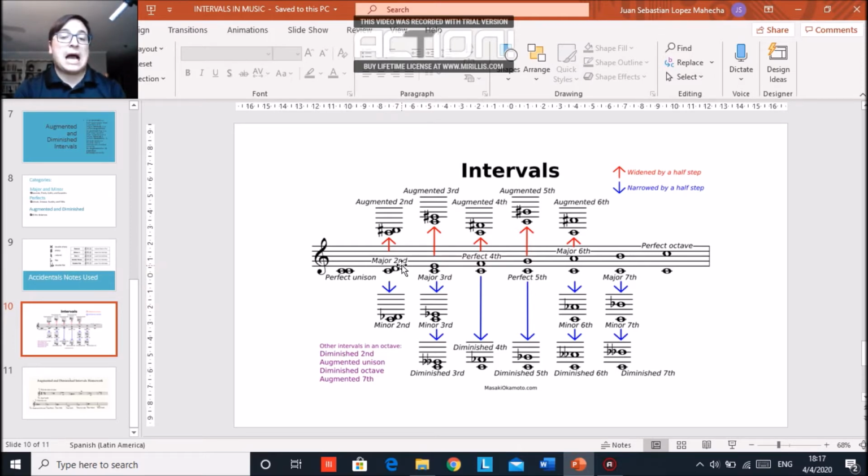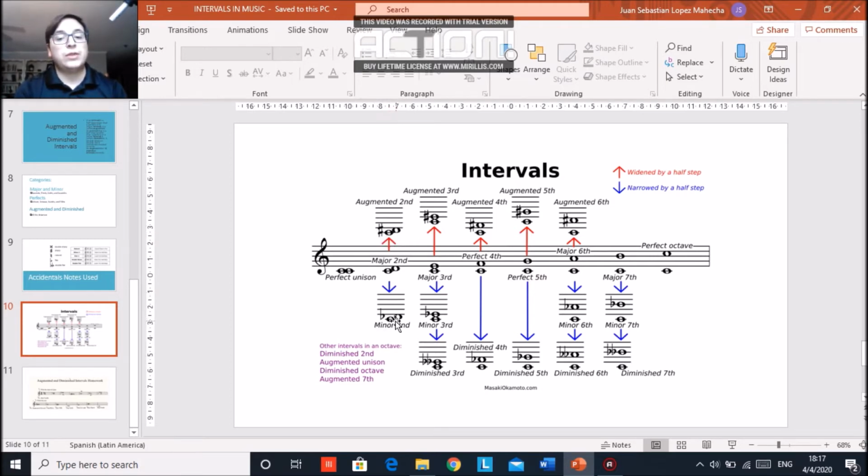So if we add a half a step to the D, that means if we turn this D natural to a D sharp, this is gonna be an augmented second. So the interval between C and D sharp is gonna be an augmented second.